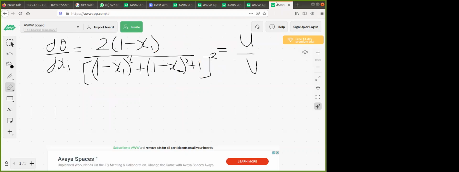So now differentiating this with respect to x1, this is our u and this is our v. Now remember the quotient rule says that we're going to have v du minus u dv over v squared.